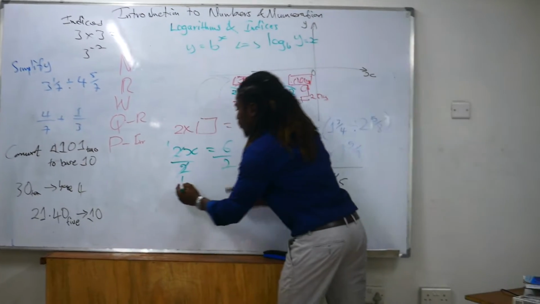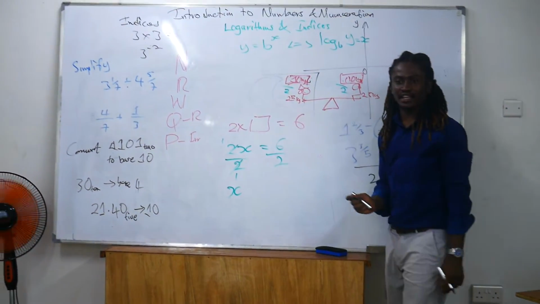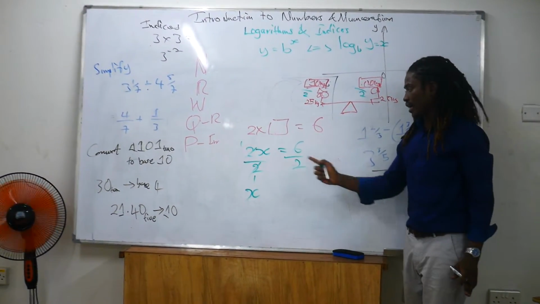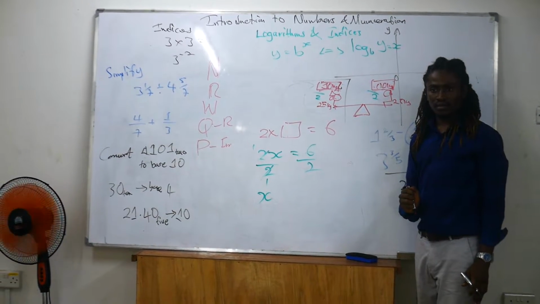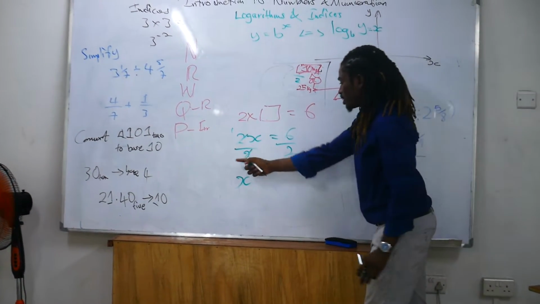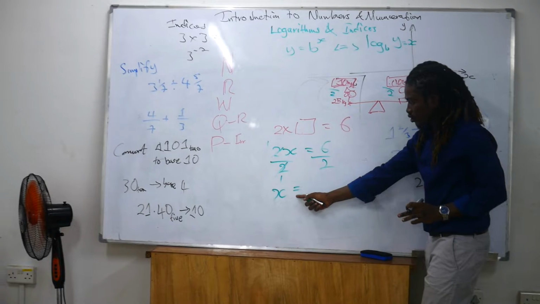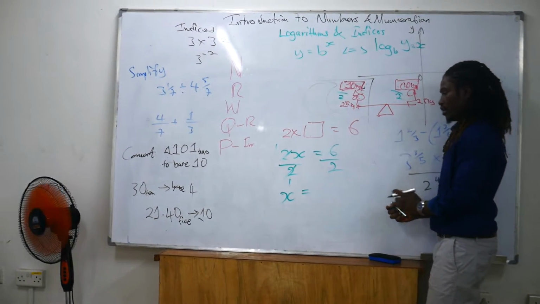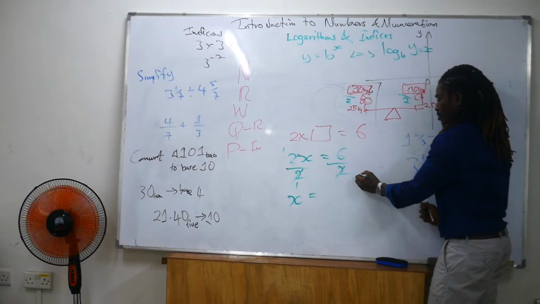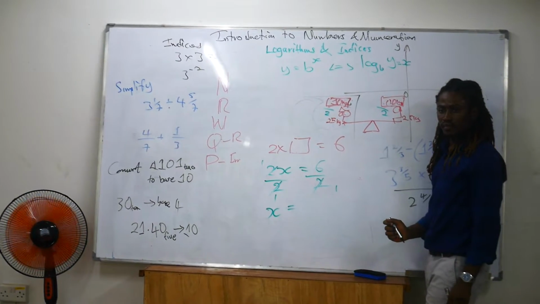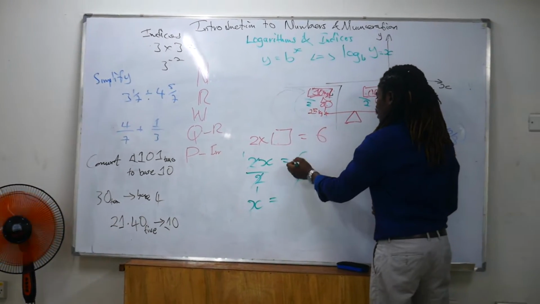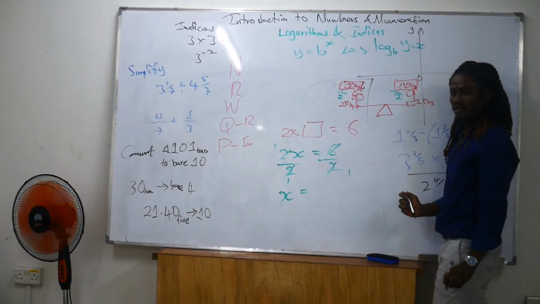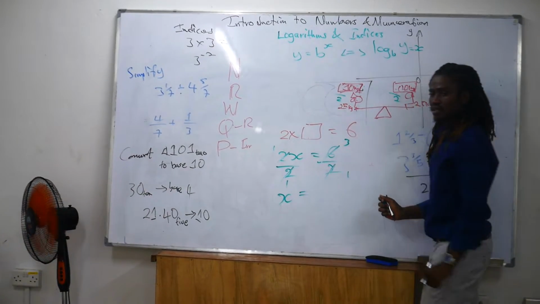Okay? So then we have now isolated the x on one side of the equal sign. Right? But because we have done it here, to maintain this equal sign, we must also do it here. So we know 2 can go into itself how many times? 1 time. Right? And 2 can go into 6 how many times? 3 times.